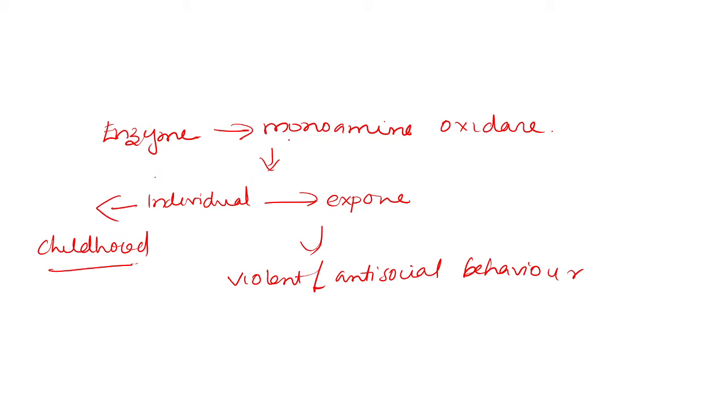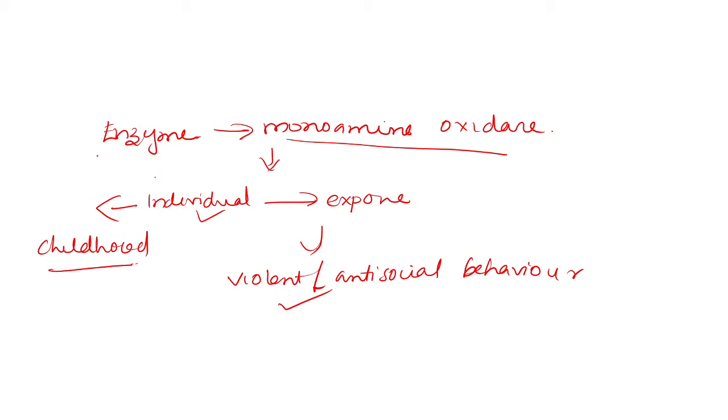So one enzyme called monoamine oxidase, this one genotype confers a low level of this enzyme, and this can expose an individual to violent or antisocial behavior. But this will happen when the individual is exposed to any kind of abuse in his or her childhood, and at that time this gene will express.